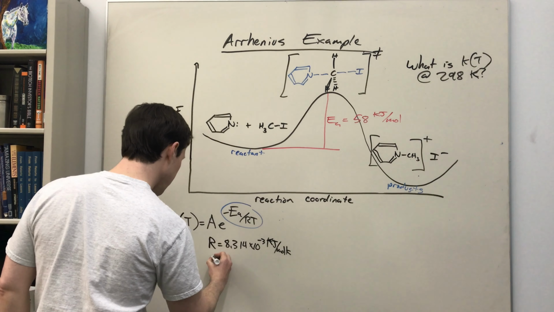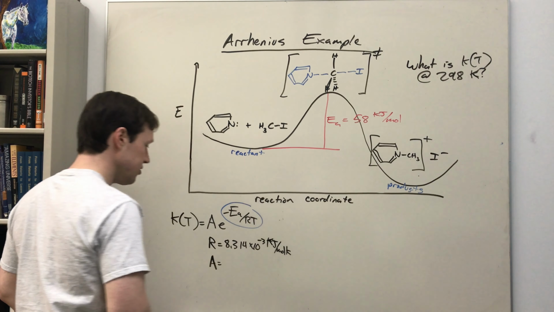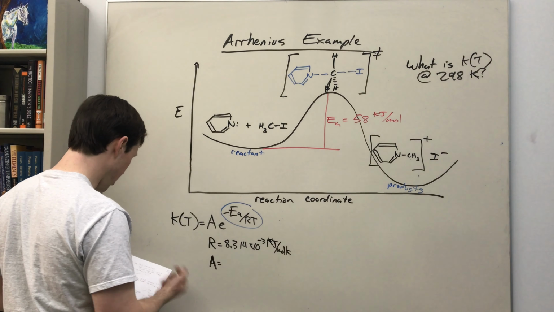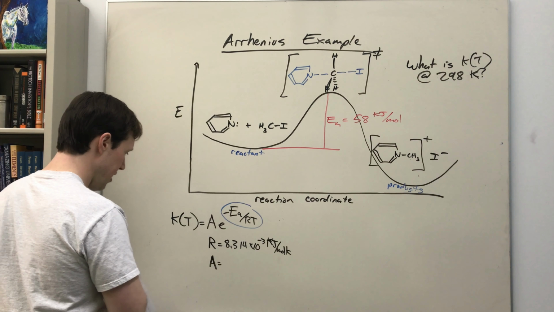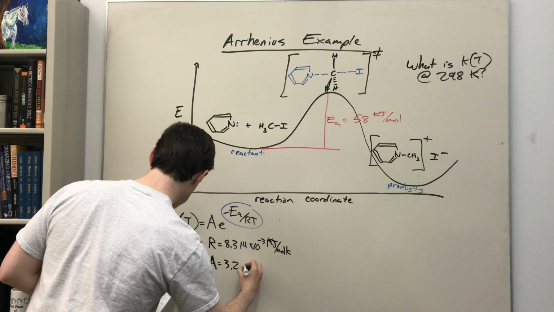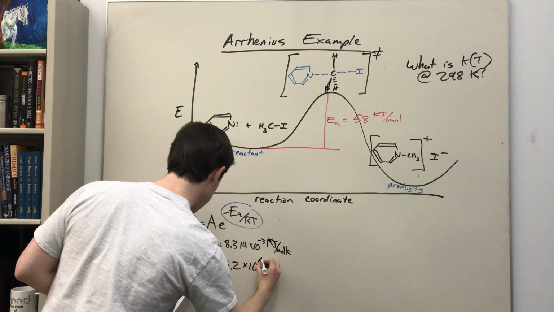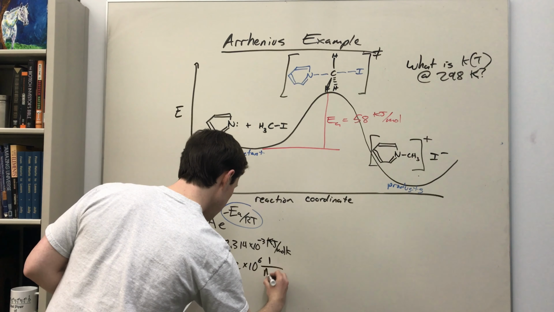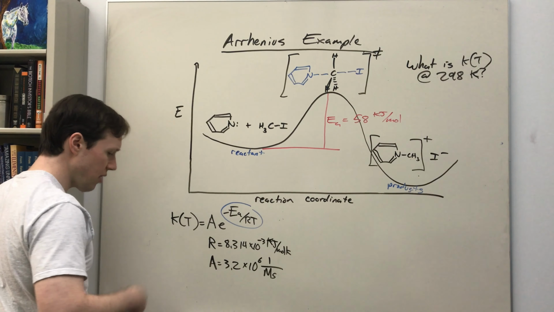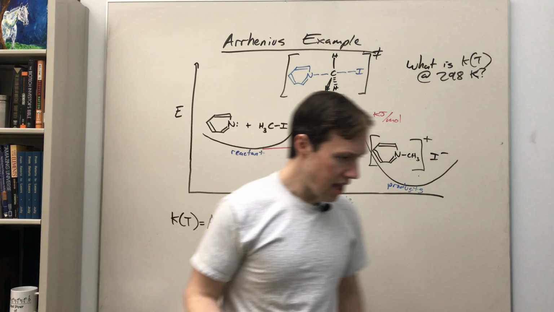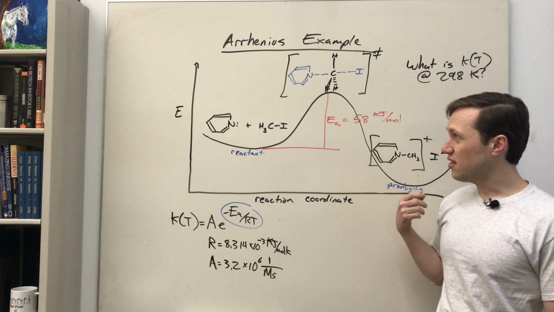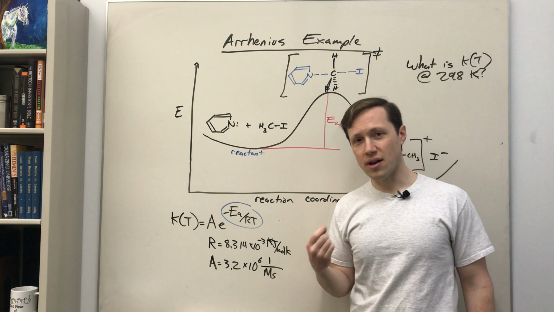So the last thing we need to know is a value for A, for our frequency factor. And in this case, it's equal to 3.2 times 10 to the 6th per molar seconds. So that frequency factor is telling us about the shapes of these molecules and how they collide with one another.